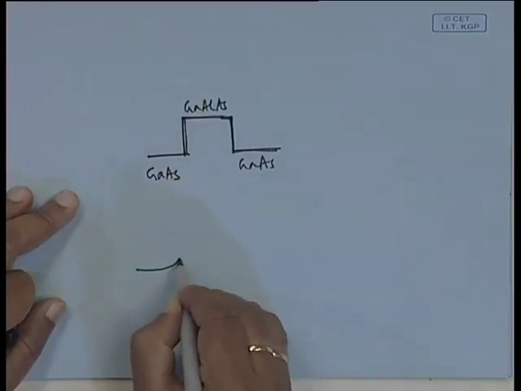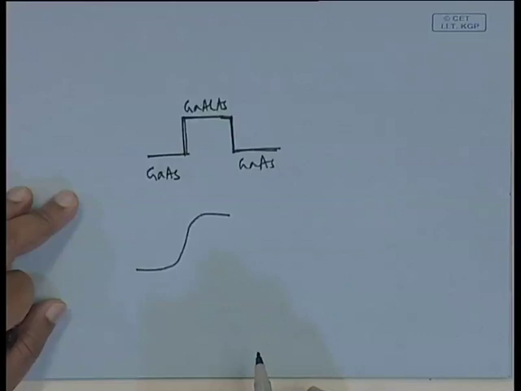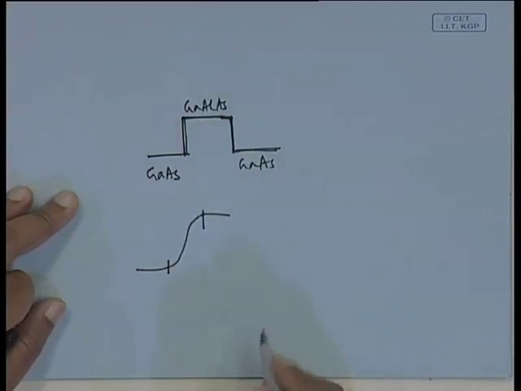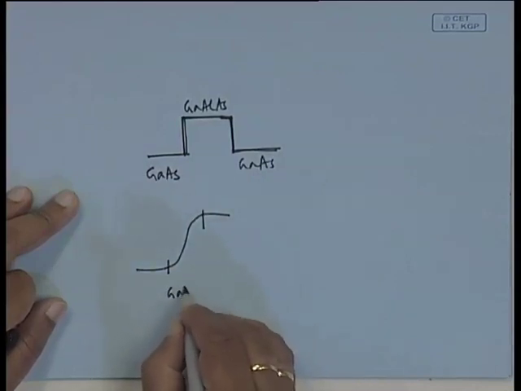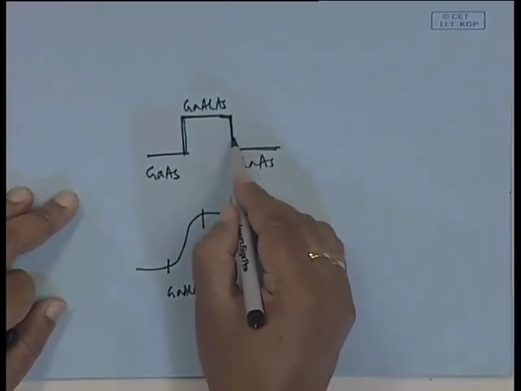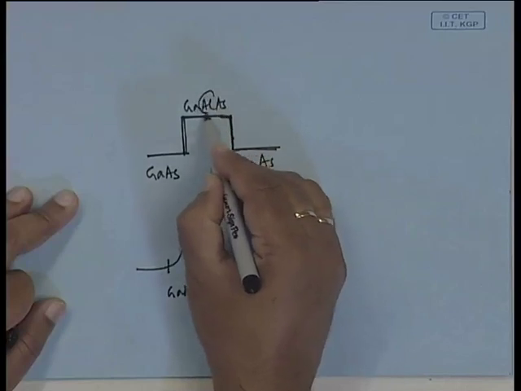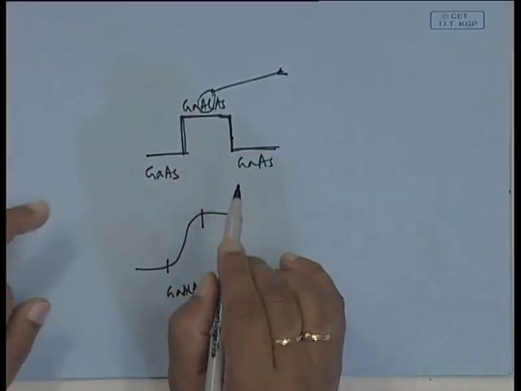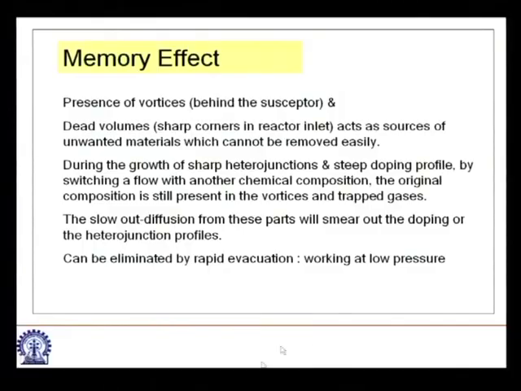There will be like this. This thing is not sharp, right? There will be gallium, aluminium, arsenic. Here also there will be aluminium, because if you remove aluminium, because of the memory effect, some aluminium will be there. So, that is the memory effect, and this can be eliminated by rapid evacuation, that means working at low pressure. So, this is the advantage of LPCVD. Okay, thank you.